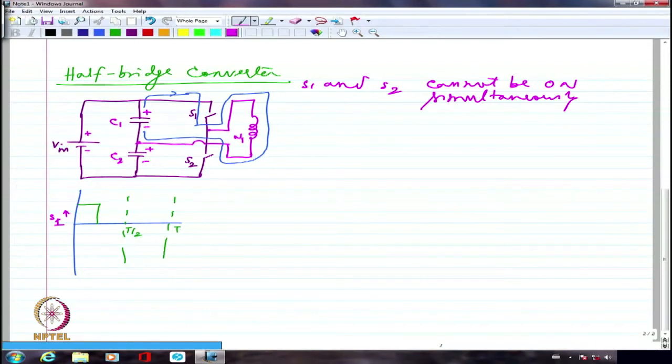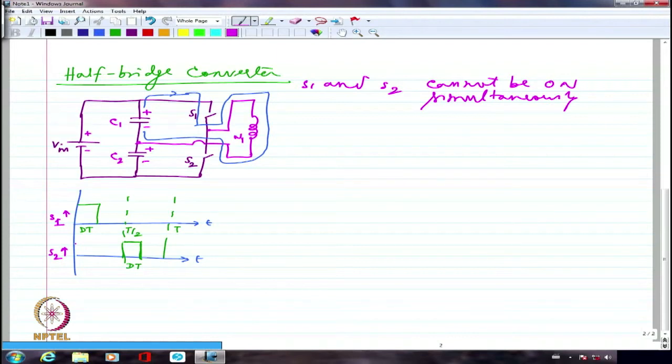If I try to draw the firing signal for S2, I'm going to again have S2 conducting from here for the same dt duration. So if I call this dt, this will also be dt. So this particular signal corresponds to the firing pulse of S2.